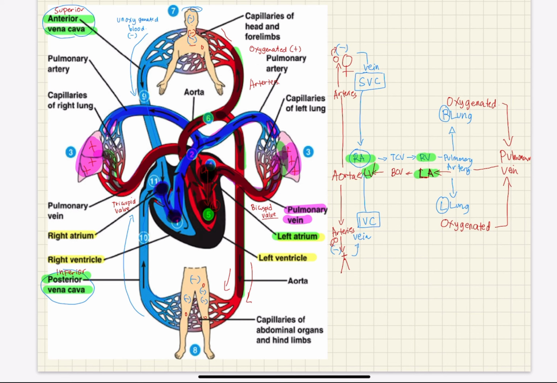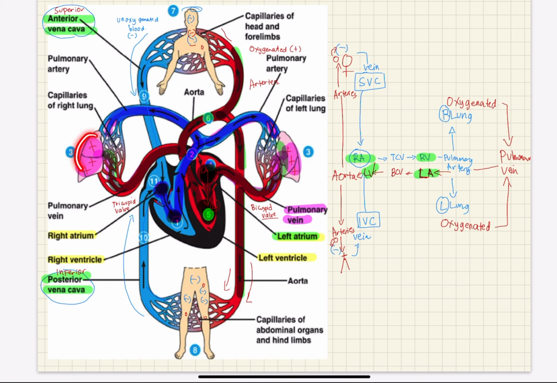Now, when the heart again contracts, the blood from the right ventricle will go to the pulmonary artery. So, dadaan po siya dito. And then, it gets divided into two. Yung iba pupunta sa right, yung iba pupunta sa left lung. And then, the blood will now become oxygenated.